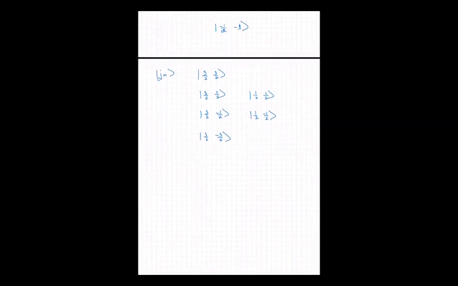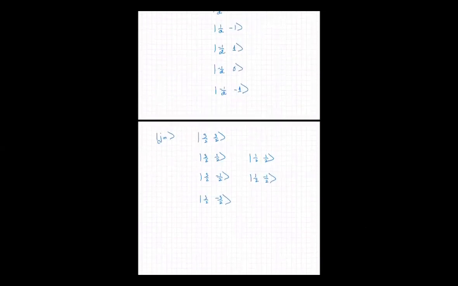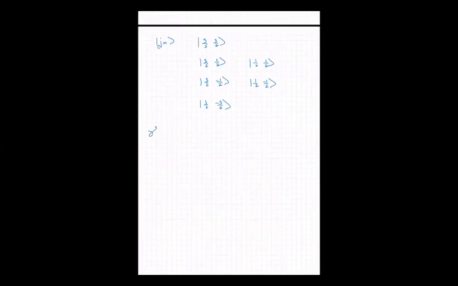Now, since we already know that M equals M1 plus M2, we need to understand how to write these 6 states in terms of the 6 M1, M2 states. So the question is, how do you write the JM states as linear combinations of the M1, M2 states?